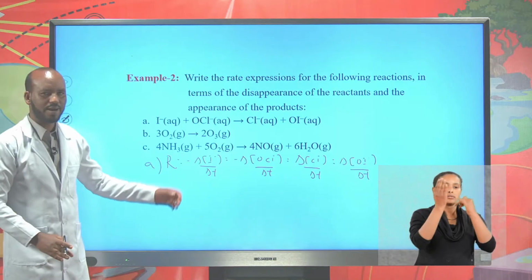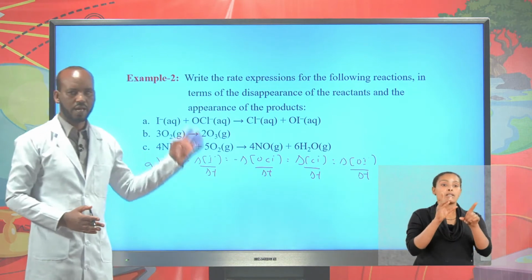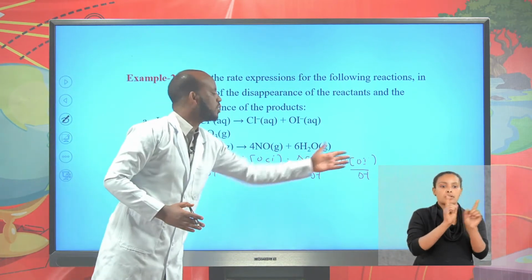This is the rate of a reaction in terms of disappearance of a reactant and in terms of appearance of a product.